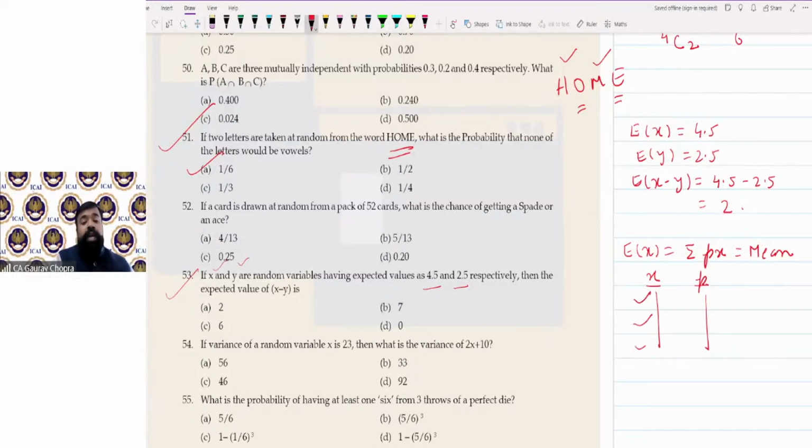In x, we write all the possible outcomes, and in front, we write the respective probability. Using this table, we find the expected value. Also, you can revise from the same lecture, because this lecture will be available on the application as well as YouTube. So you can again revise from this question.